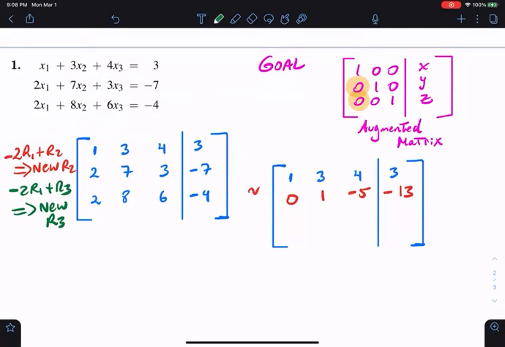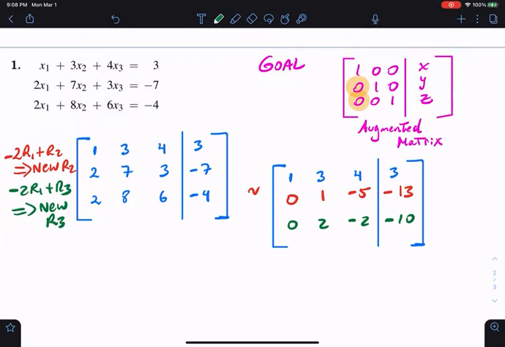So -2 times 1 is -2 plus 2 is 0. -2 times 3 is -6. -6 plus 8 is 2. -2 times 4 is -8. -8 and 6 is -2. -2 times 3 is -6. -6 and -4 is -10. So that's what I have so far. I hope that makes sense.